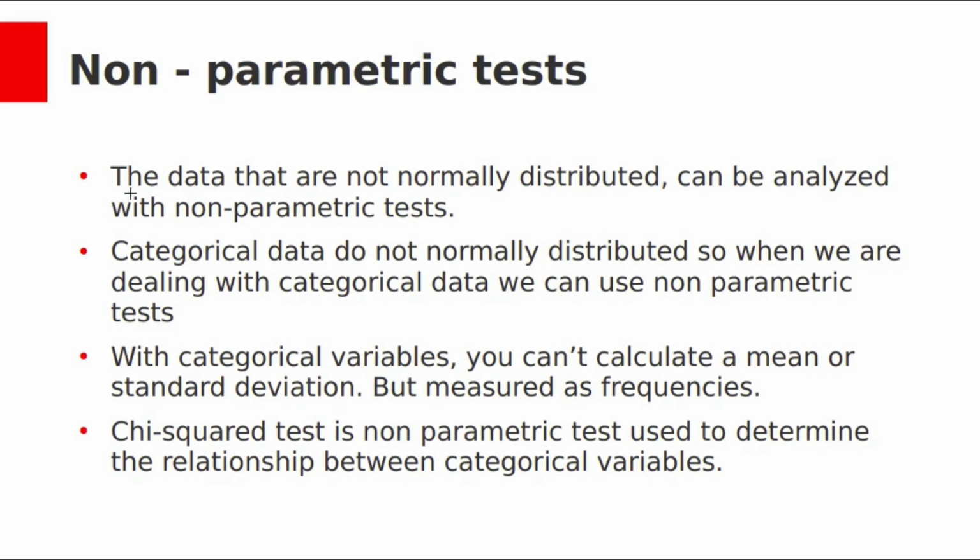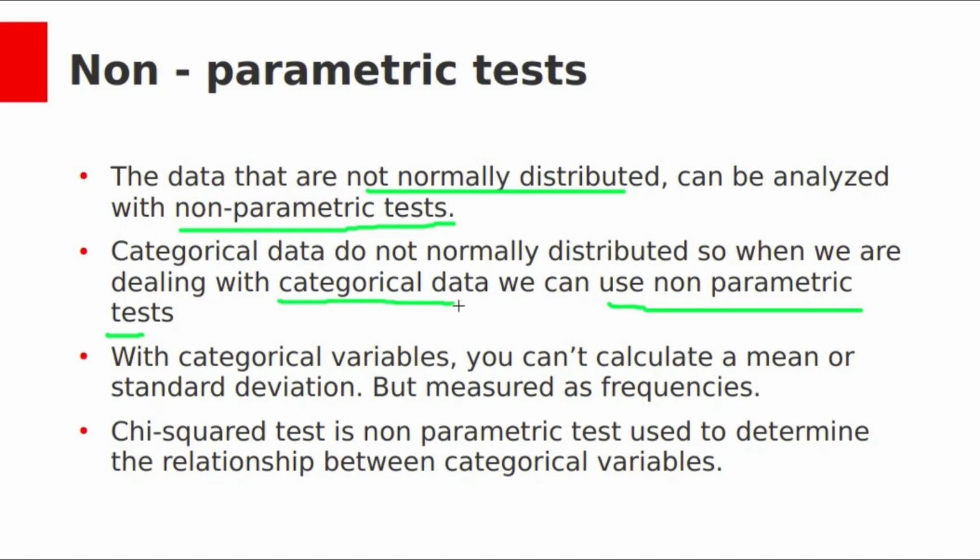There might be some kind of data which may not be normally distributed. Such kind of data can be analyzed with non-parametric tests. Categorical data is not normally distributed. So when we are dealing with categorical data, we can use non-parametric tests because it is not following a normal distribution.